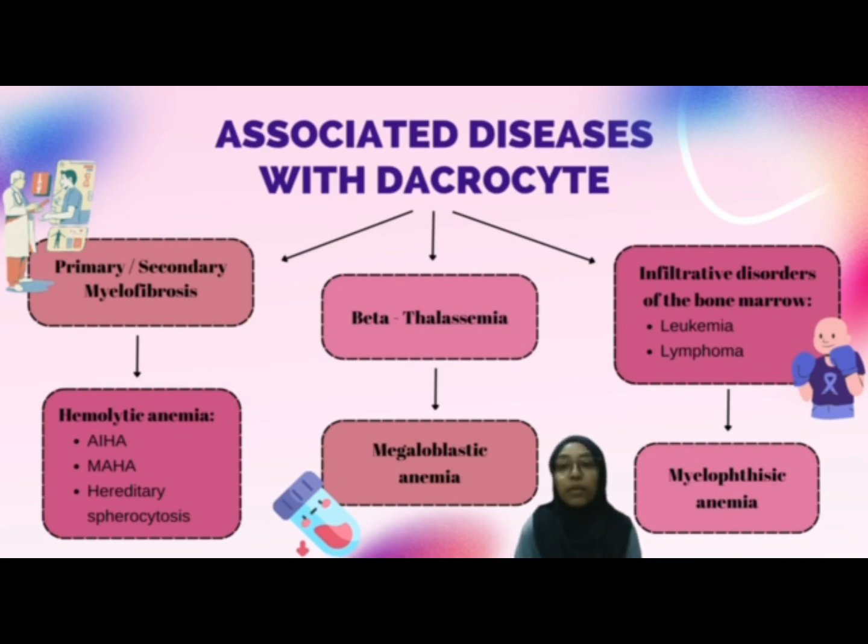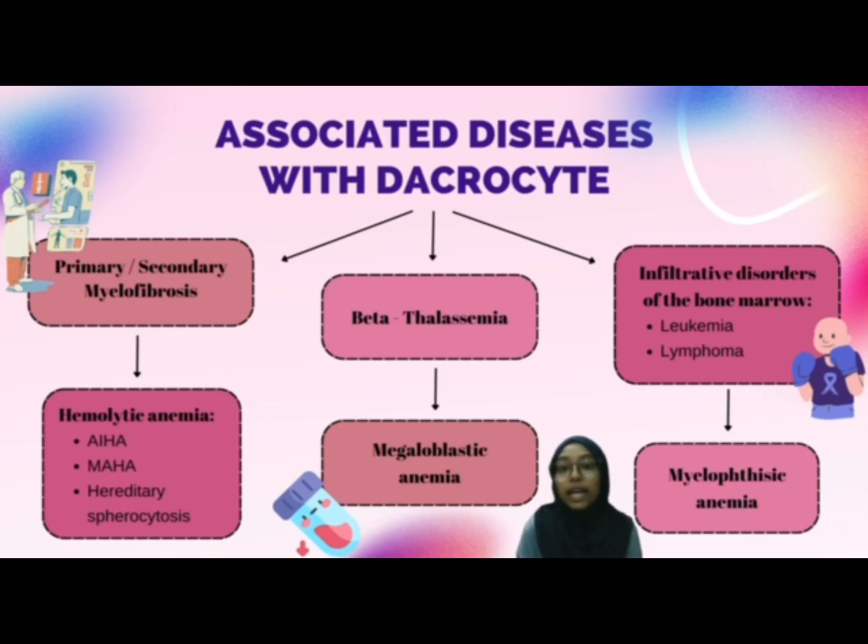I will start with primary myelofibrosis. This disease is chronic idiopathic myelofibrosis, which is known as an uncommon bone marrow condition that is categorized as a myeloproliferative neoplasm (MPN).